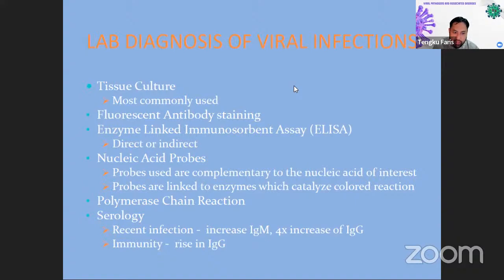Serology, using the antigen and antibody reaction, you can see the increase in immunoglobulin M, or a 4 times increase in the immunoglobulin G antibodies. You can see if there is a rise in the IgG in your body system. So that is also one of the methods that we can use in order to detect or confirm that your body is now under viral infection.